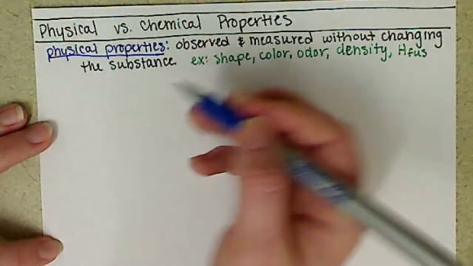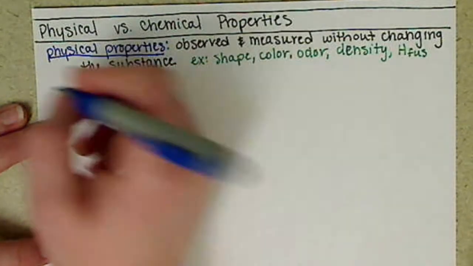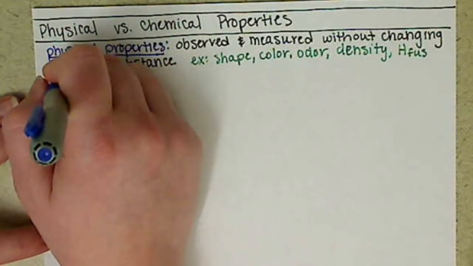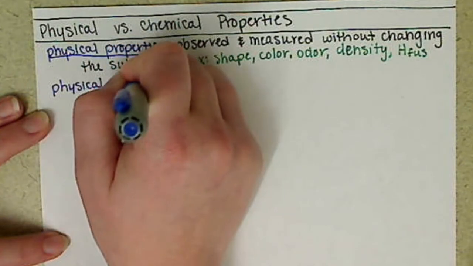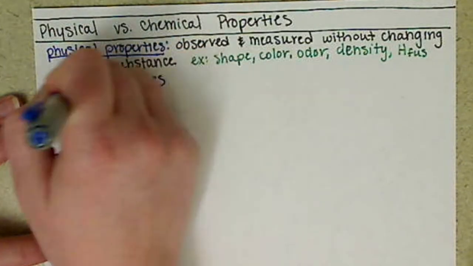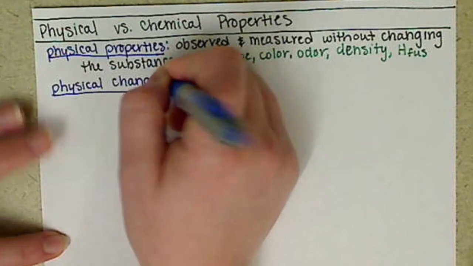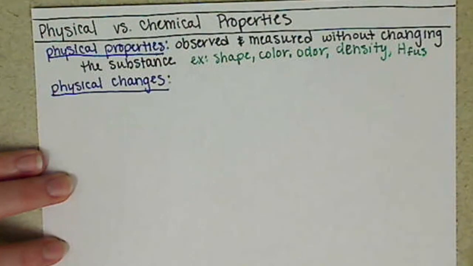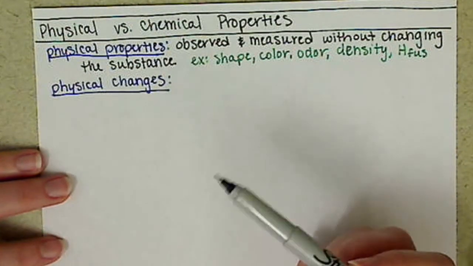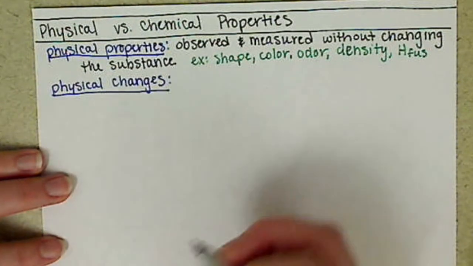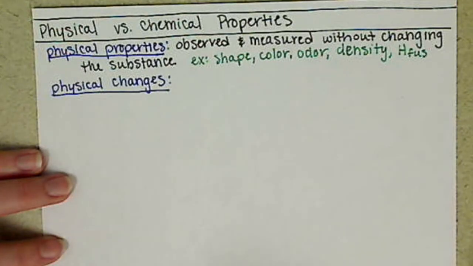Now we can also look at physical changes. These are changes that may change the appearance of what we're looking at, but they don't change it chemically, so they don't rearrange the composition.